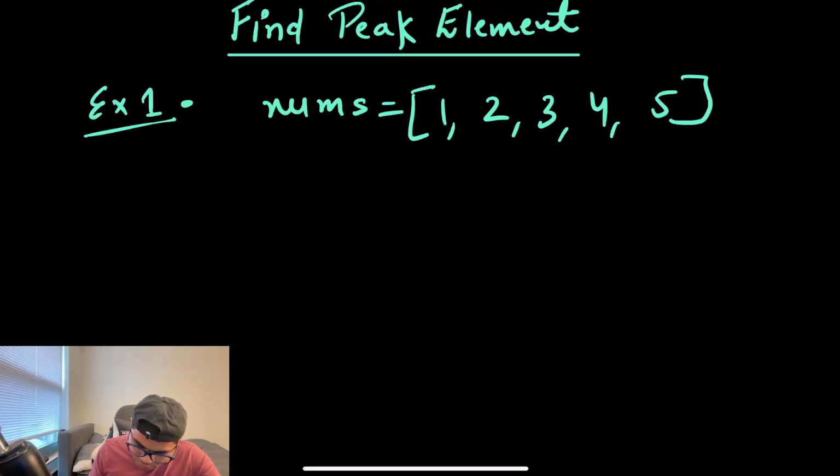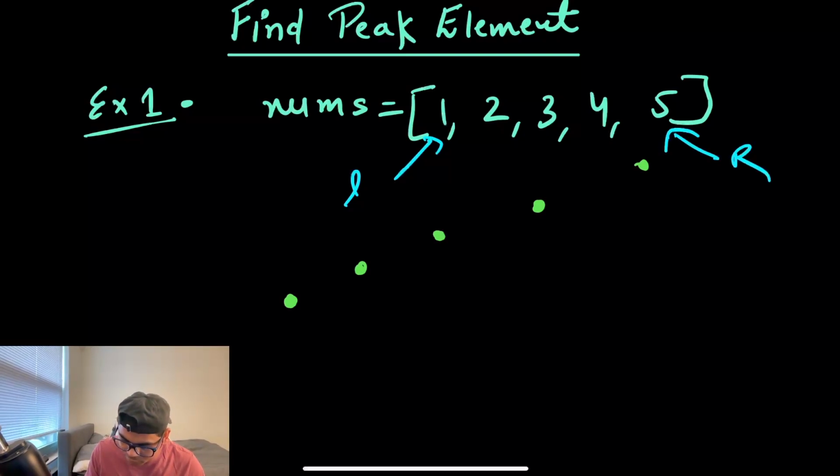What this will look like on the number scale would be, you have 1, then 2, 3, 4, and then 5. Now if you were applying a binary search, you will have a left pointer and a right pointer, and what you're going to do is find out the middle, which will be 3.